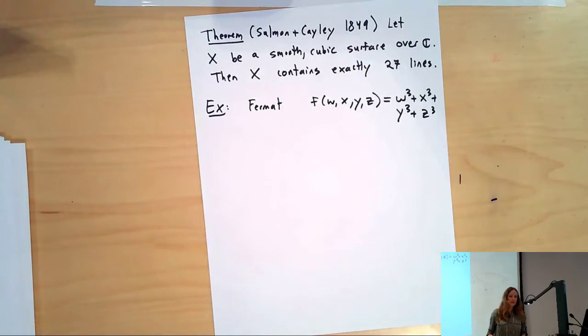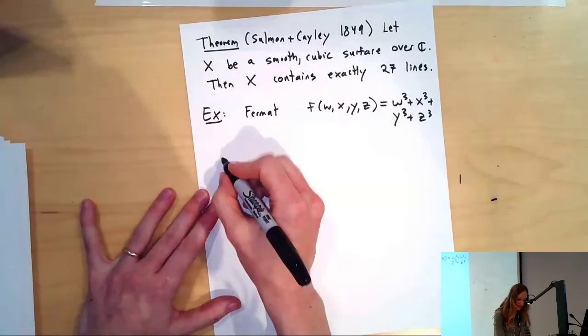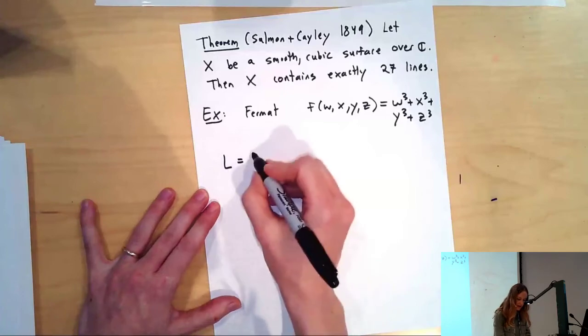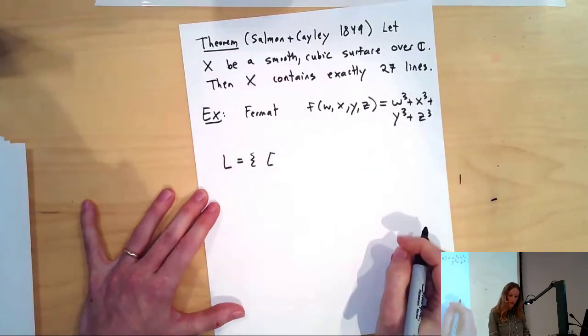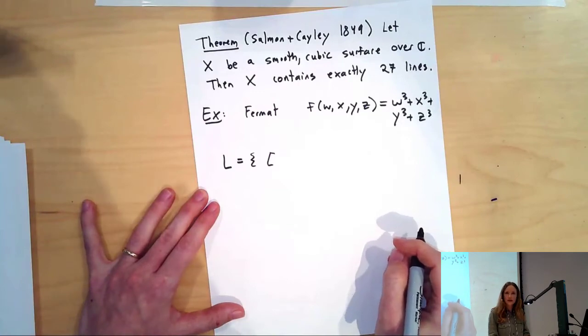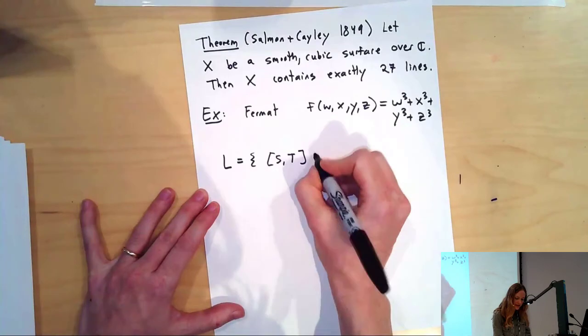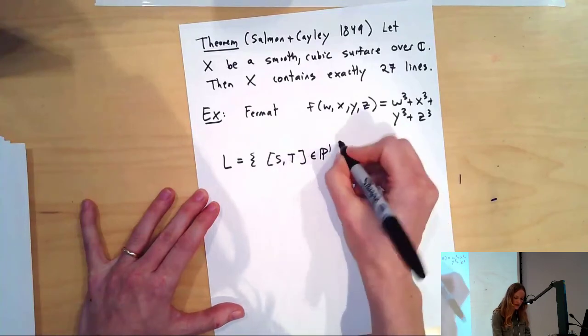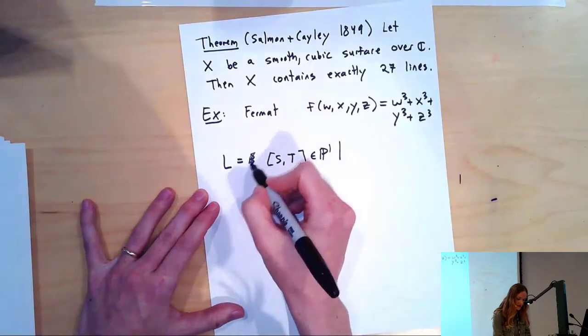So what lines do we have on this? So here's one. We could take W equal to minus X and Y equal to minus Z, and then that all cancels out. So here's an S, T in P1. P1 is our line. And then, oops, I did that wrong.